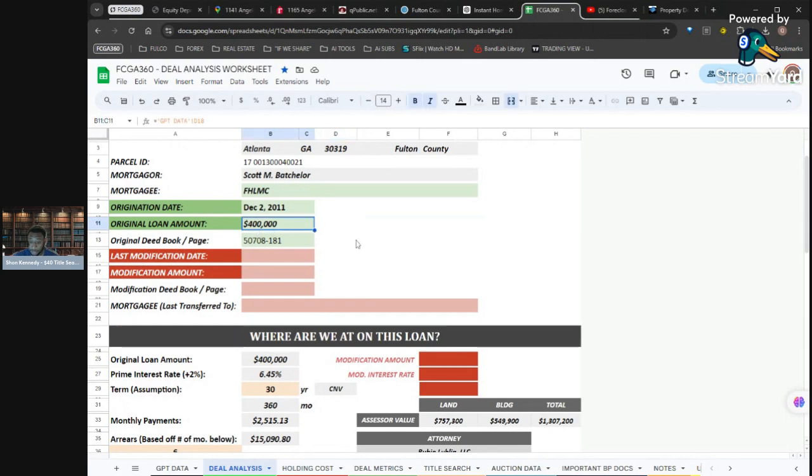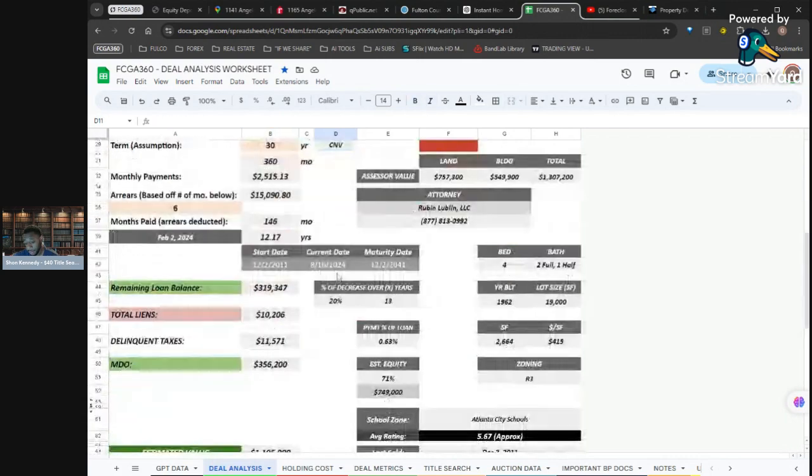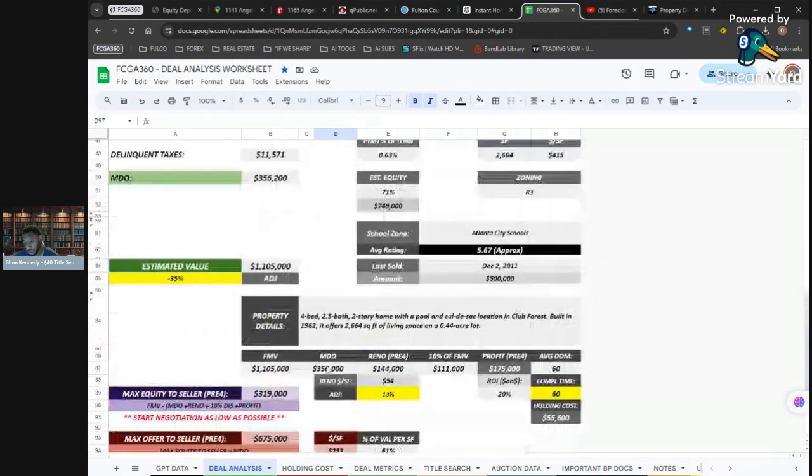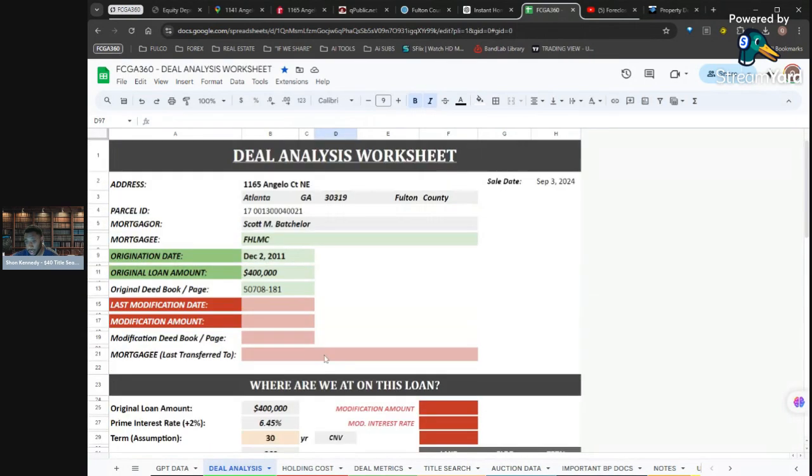Let's just round it off to $500,000 versus competing at the auction for 663, or even trying to bug the seller to get them to sell it to you for half of what they believe they can get for the property. But yeah, that's another strategy that could be had.